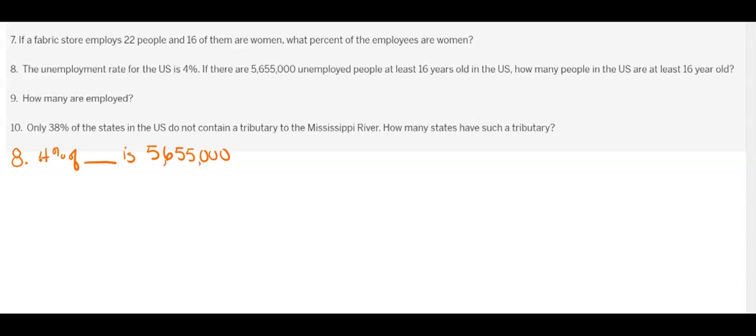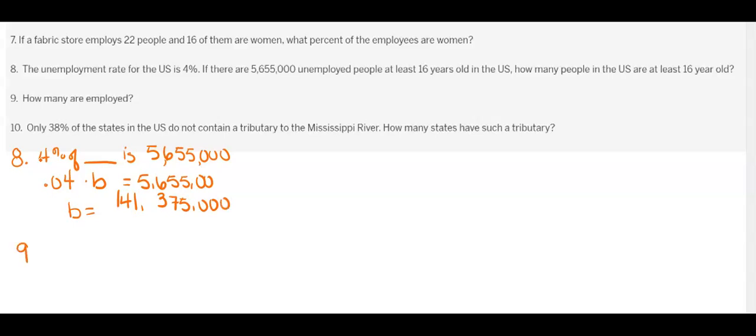That is going to translate into 0.04 for my P. I do not know my B, that's my variable, is 5,655,000. When I solve for this, I divide both sides by 0.04, and I end up getting B is 141,375,000. That's a huge number.